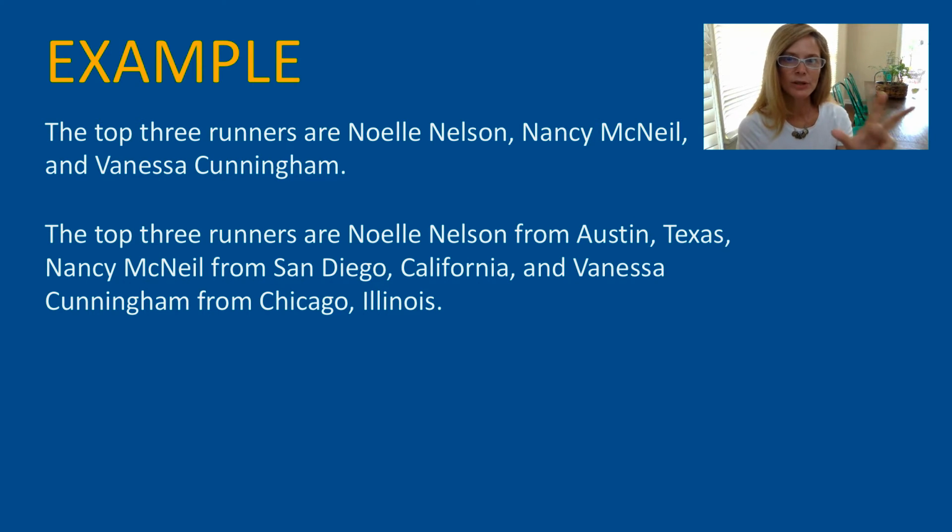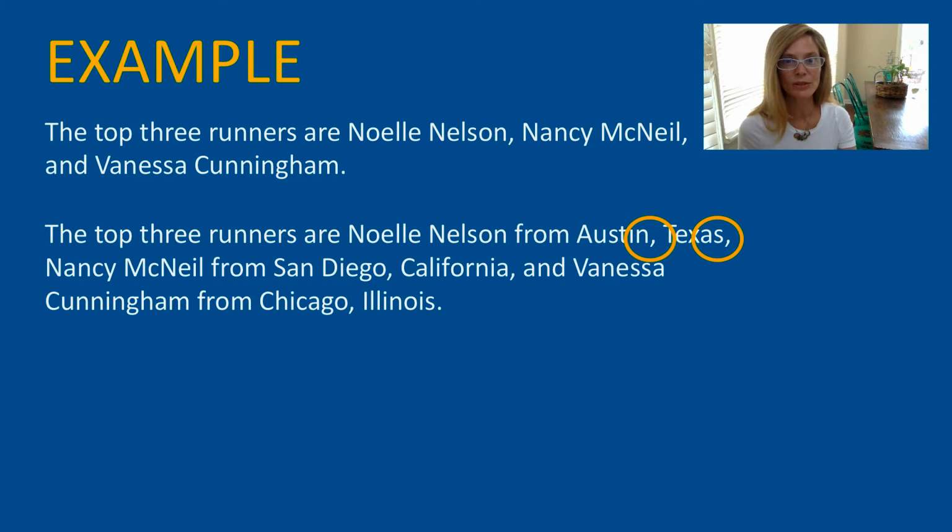The top 3 runners are Noelle Nelson from Austin, Texas, Nancy McNeil from San Diego, California, and Vanessa Cunningham from Chicago, Illinois. Okay, it's a little more confusing. Let's take a look at how many commas we've got here. It's comma crazy in this sentence. We've got one between the city and the state, Austin, Texas.